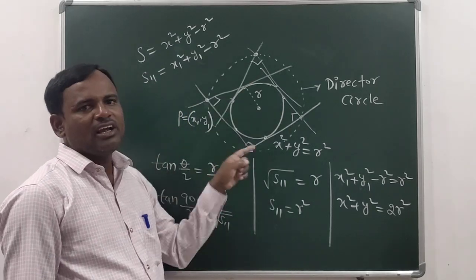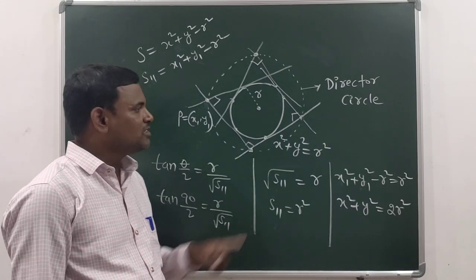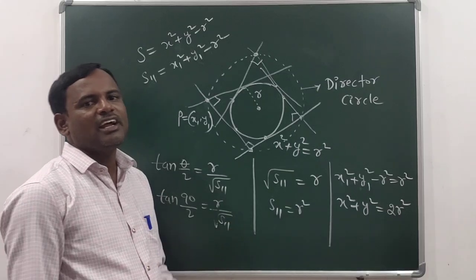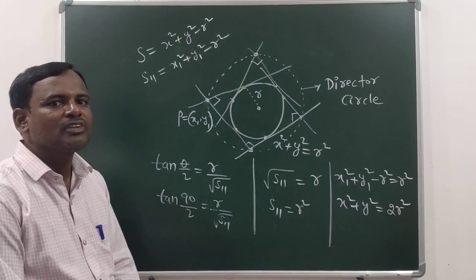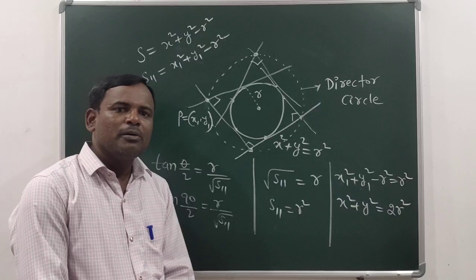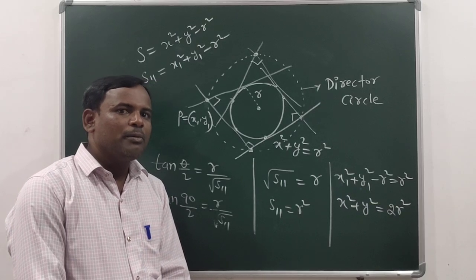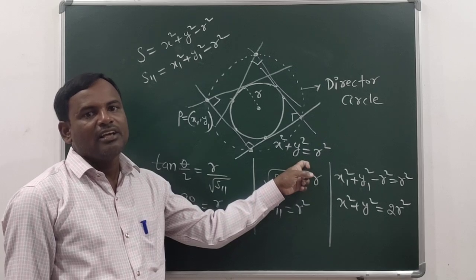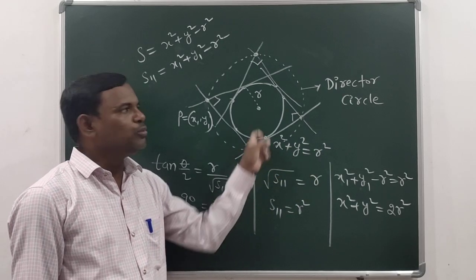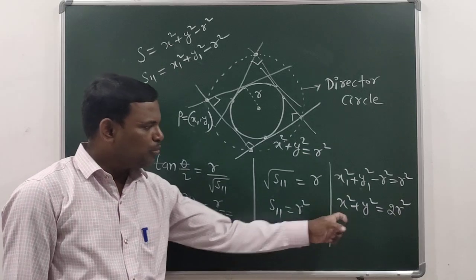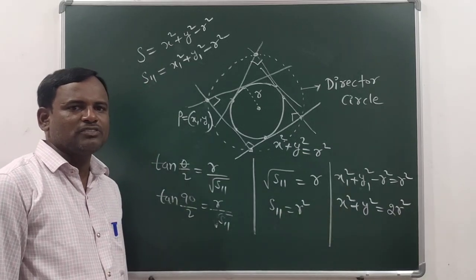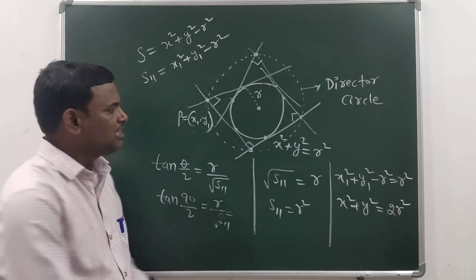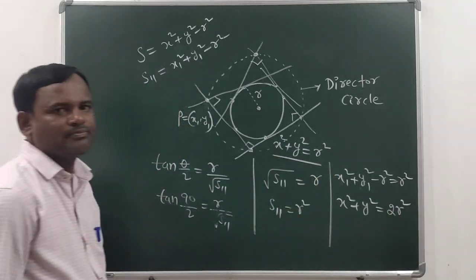On this locus, angle between the tangents which are drawn to this x square plus y square equal to r square is 90 degrees. The locus of point of intersection of perpendicular tangents drawn to this circle represents a circle whose name is director circle, whose equation is x square plus y square equal to 2r square, where r is the radius of the given circle.